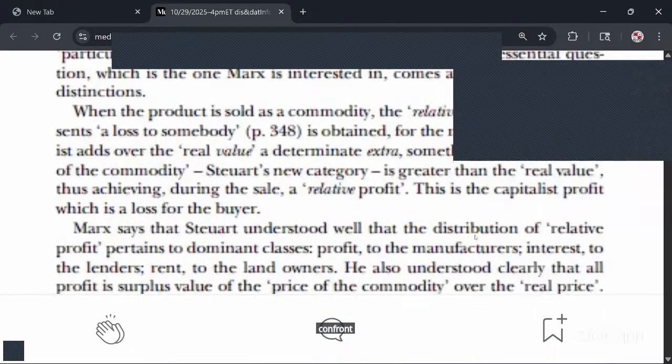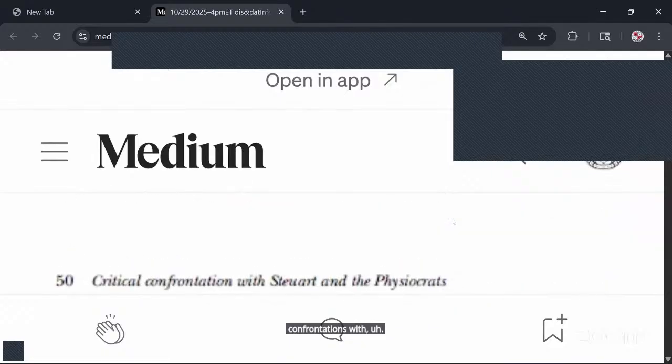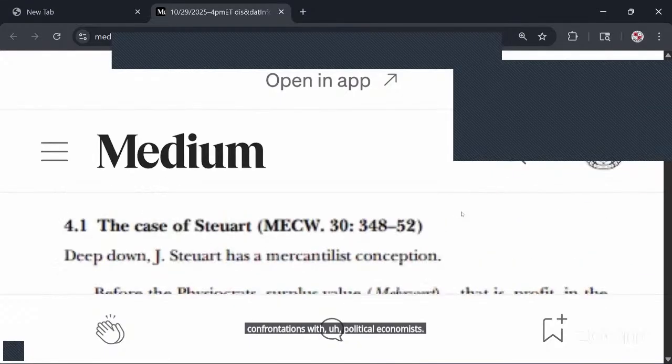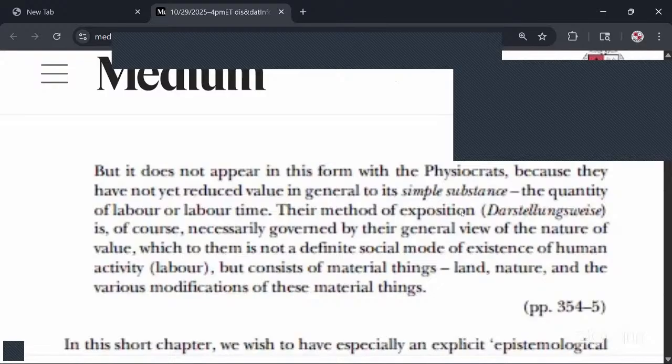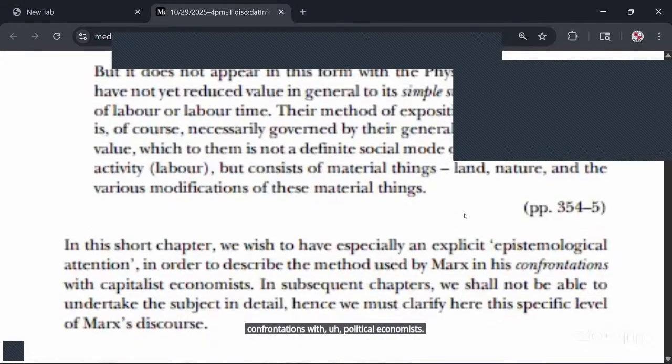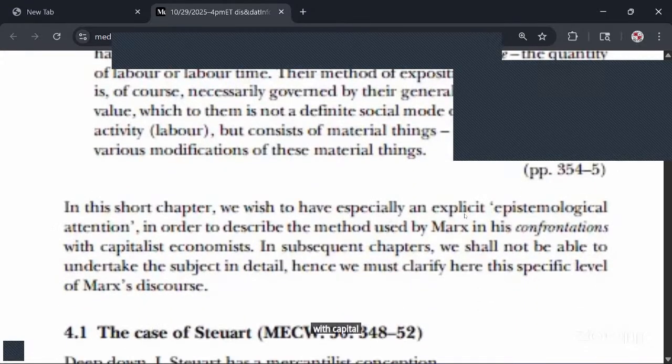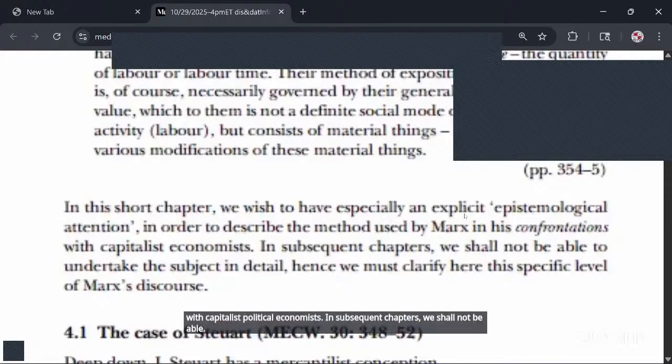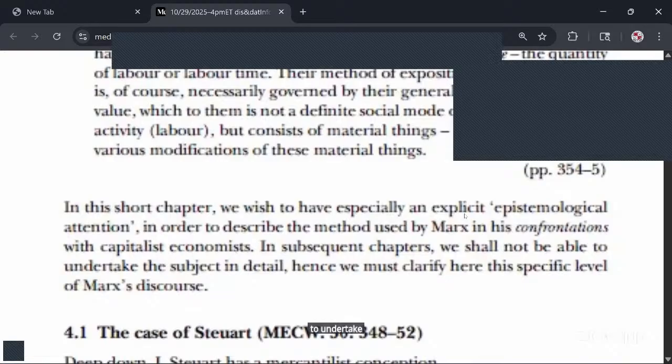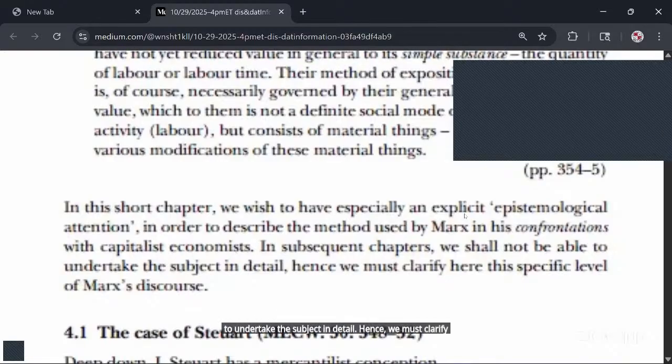Confrontations with political economists, with capitalist political economists. In subsequent chapters, we shall not be able to undertake the subject in detail. Hence, we must clarify here this specific level of Marx's discourse.